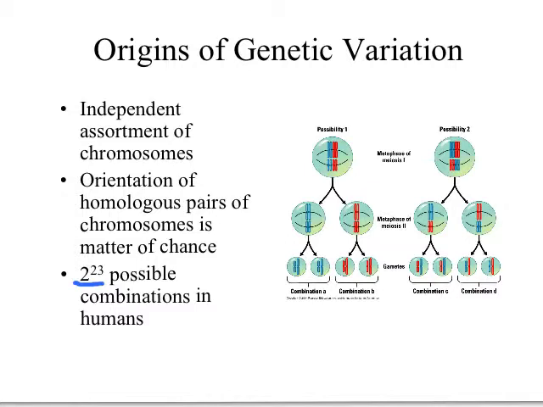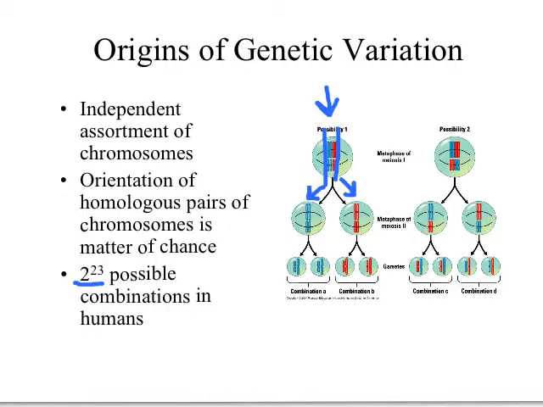This is just 2 possibilities that we have here. In possibility number 1, we could have all of the dad's chromosomes line up on the left and all of the ones that we get from mom line up on the right. So we get a purely dad genetic gamete cell and a purely mom genetic gamete cell.